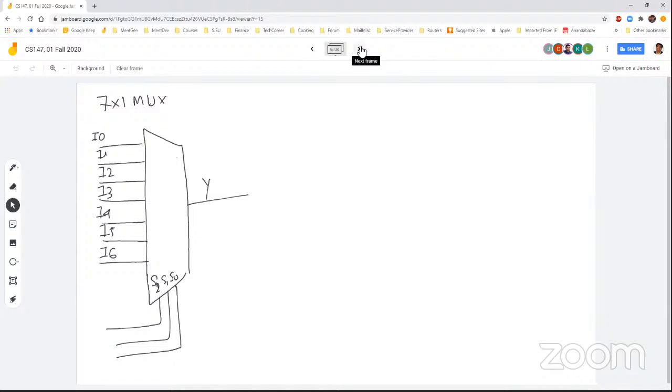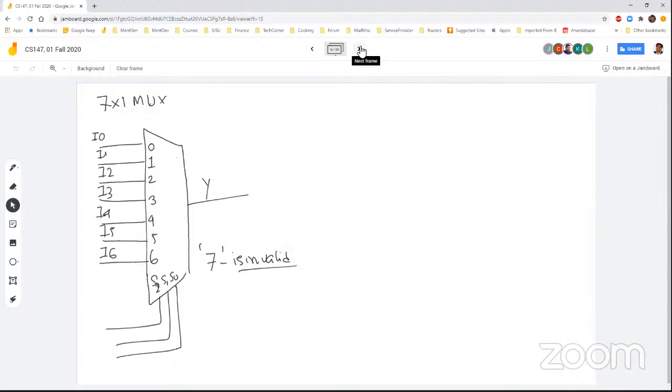So we must specify which ones are the valid selection combinations: 0, 1, 2, 3, 4, 5, 6. That means selection 7 is invalid. There is nothing connected there.